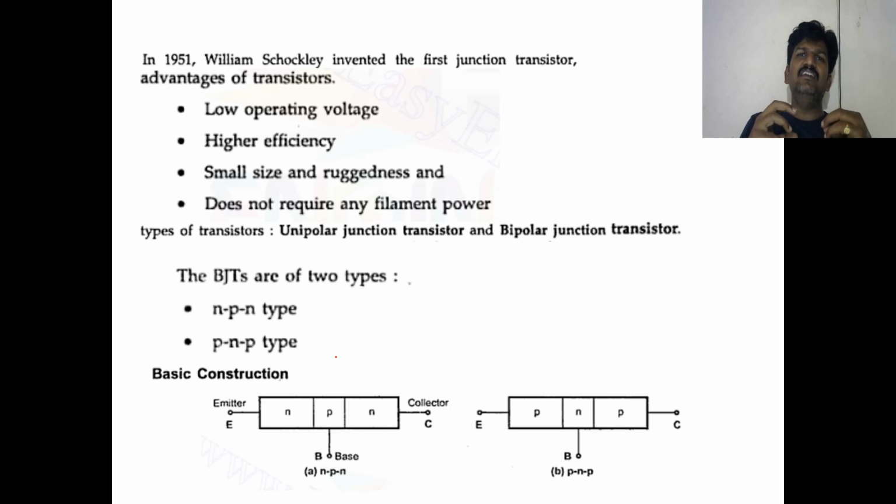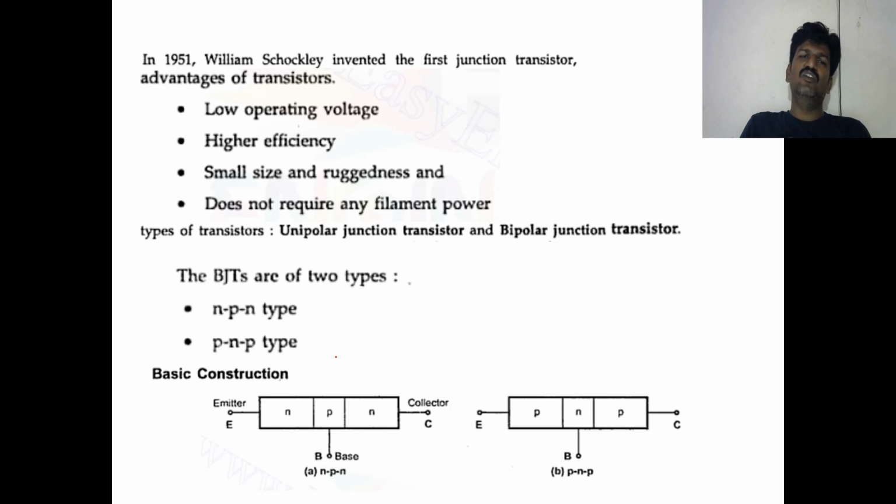The current is carried by the movement of majority carriers, meaning it may be due to the movement of electrons, or due to the movement of holes. Current conduction does not take place by the movement of electrons as well as holes at the same time. It only allows current carrying by the movement of majority charge carriers.